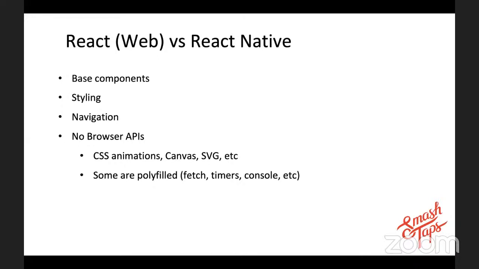So on web, you do the routing with React Router. Here you have an API called React Navigation. There are no browser APIs, as I told before, like there are no CSS animations, because React Native is based on the mobile host.